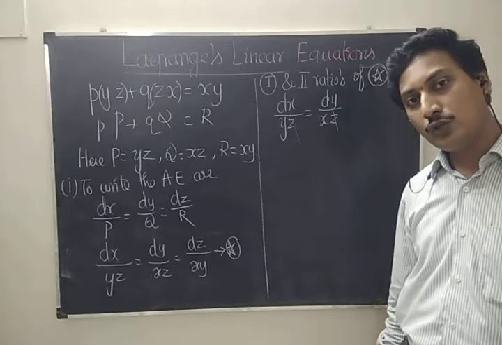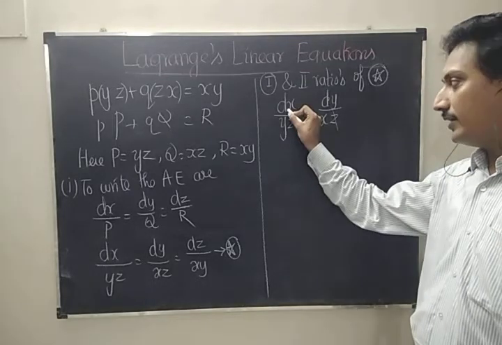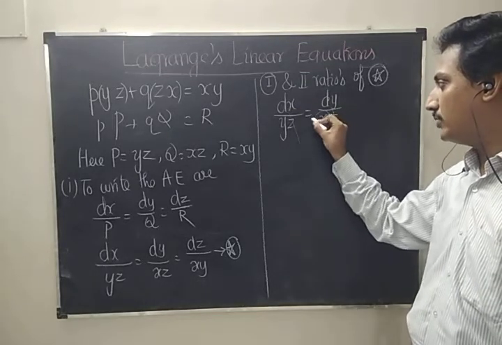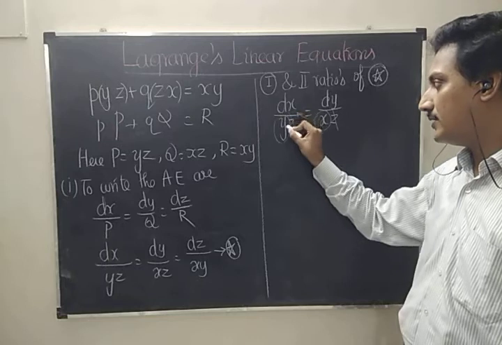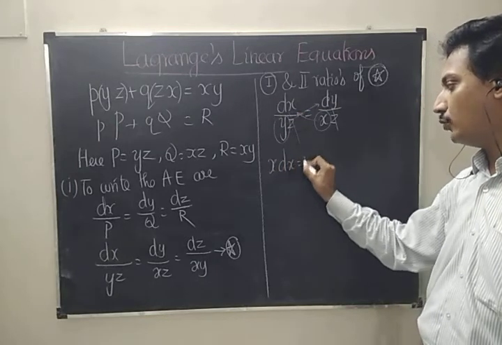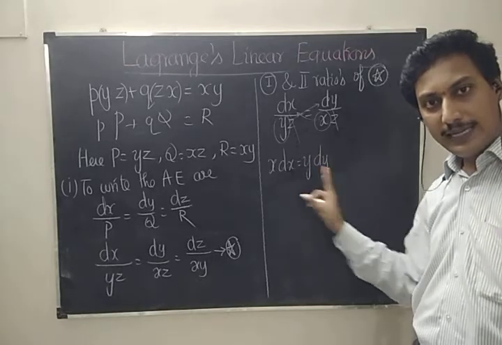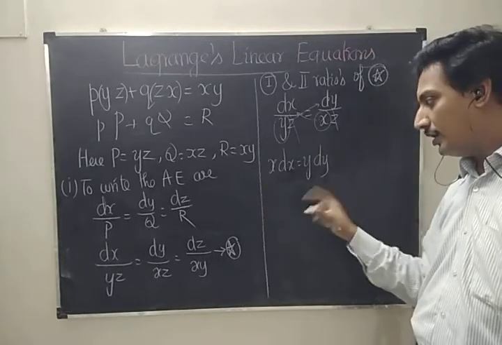Then I would like to separate or group the variables. So what can I do? I can cross multiply the x to the next side. Similarly here, I can cross multiply this y to the next side. So this becomes x dx is equal to y dy. They are grouped now, x dx on the left hand side, y dy on the right. Now do the integration.